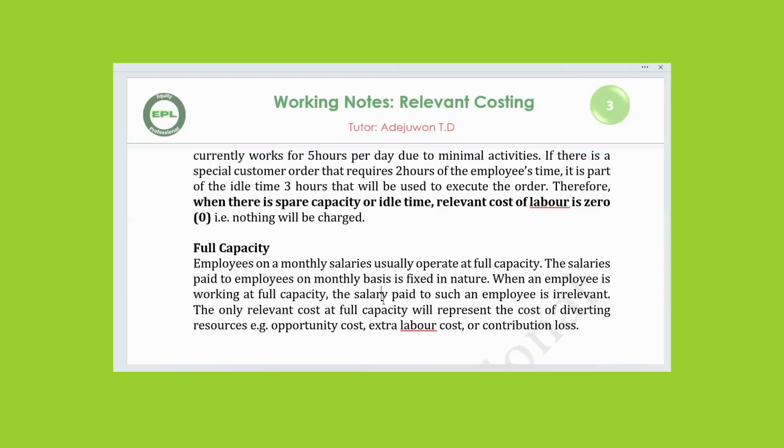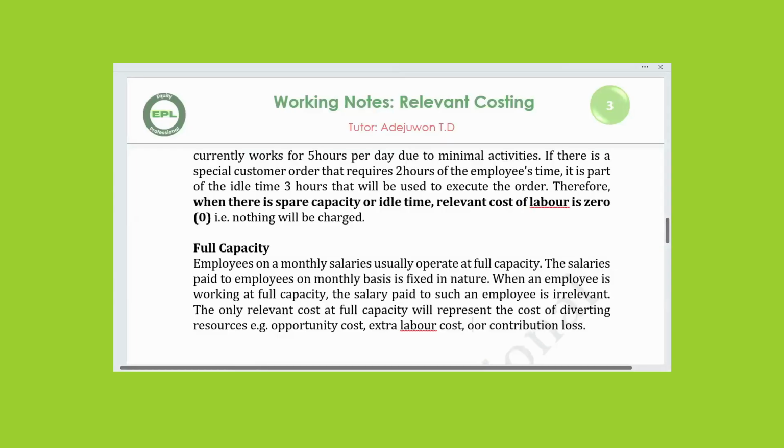So when you see, under full capacity, opportunity cost or extra labor cost that will be incurred or contribution loss, you have to consider that the only relevant costs at full capacity are the cost of diverting resources arising from opportunity cost, contribution loss, or extra labor cost that will be incurred. Of course, part of it is also overtime, all right?